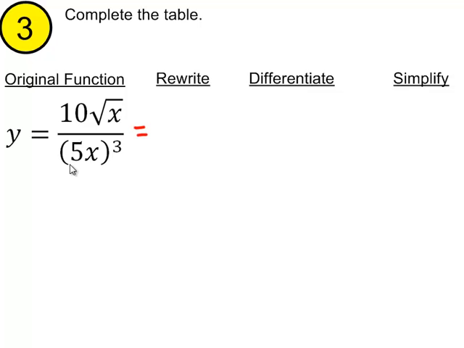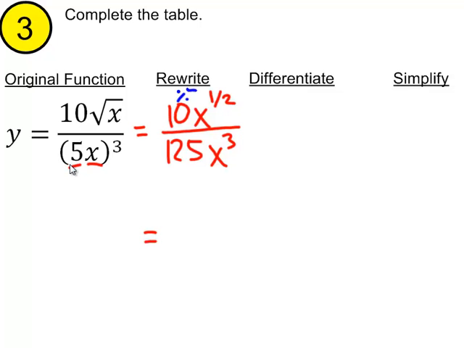Let's say that this equals 10 times x to the 1/2. Our rational exponents, our fraction exponents, are going to make our job a little easier than radical signs. And 5x to the third, since that is in parentheses, not only is the x being cubed, but the 5 is being cubed. So I get 125 x to the third power. And I'm not even done rewriting it. Let's simplify that a little further. 10 over 125.